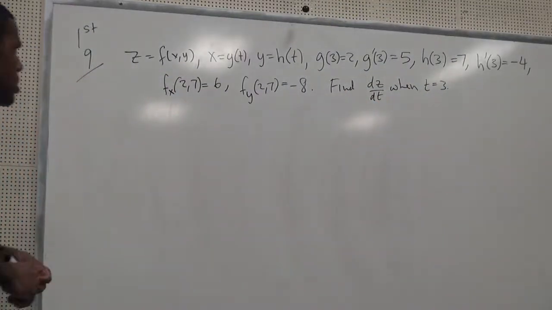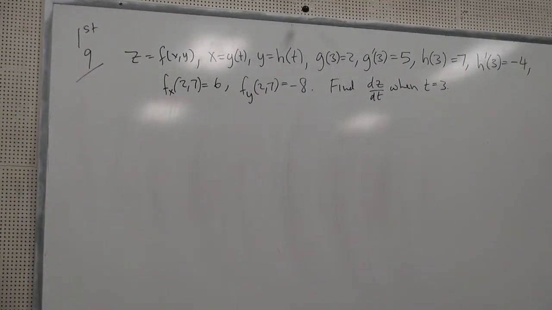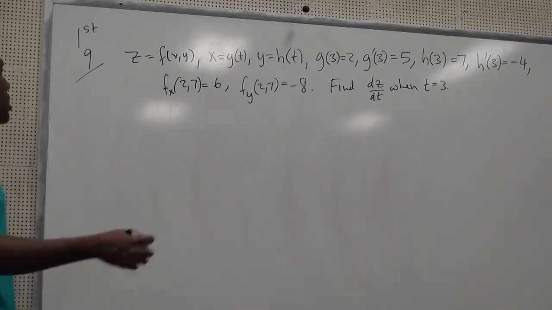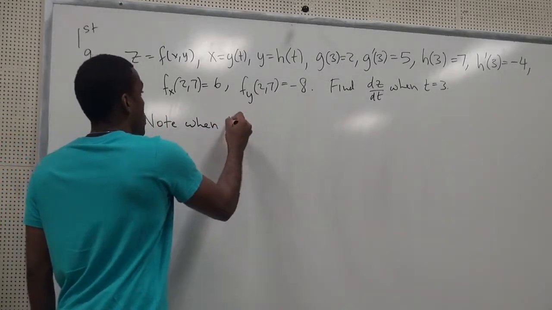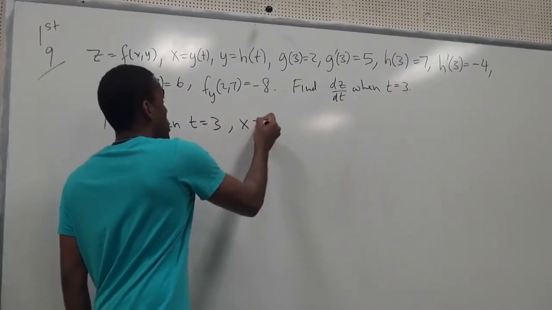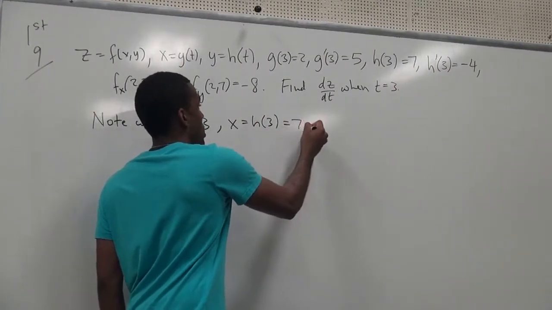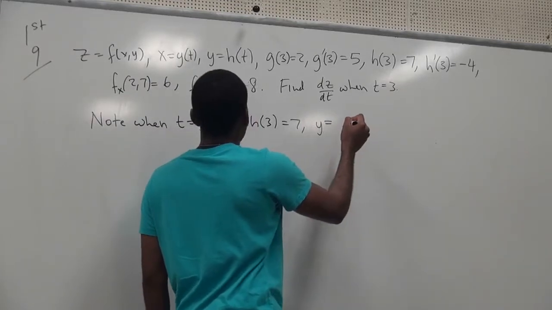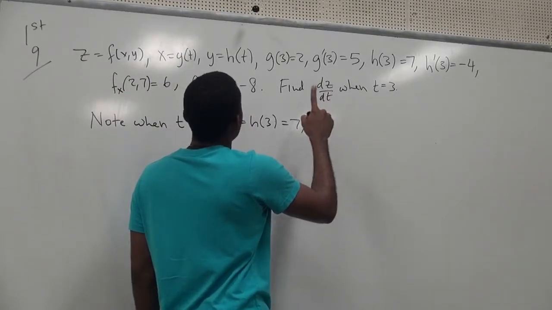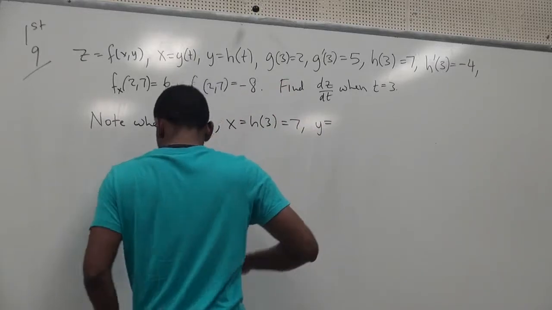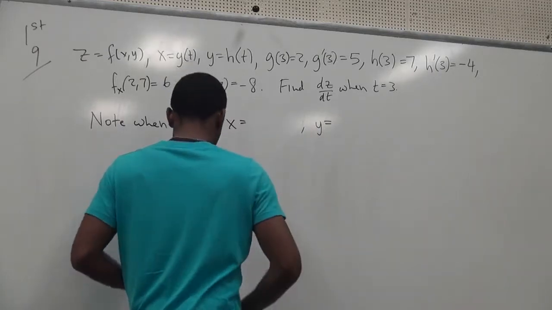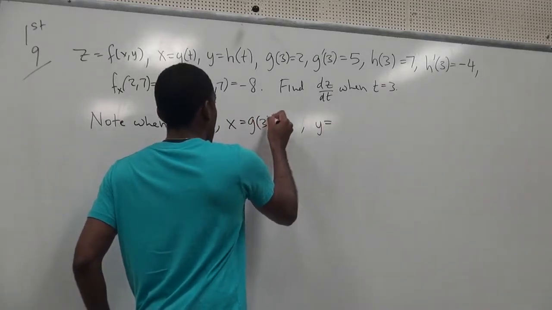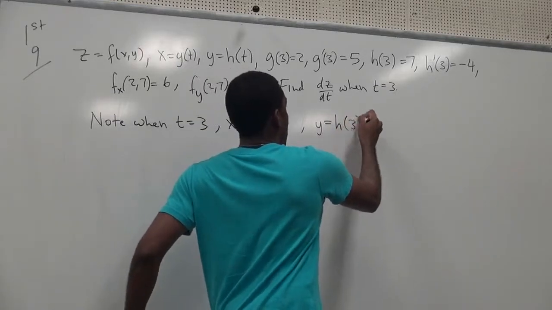Okay, so this is similar to the one we did before, where you're just going to use the chain rule formula and then plug in all the numbers. Notice that when t equals 3, your x is equal to g of 3, which is 2, and your y is equal to h of 3, which is 7.